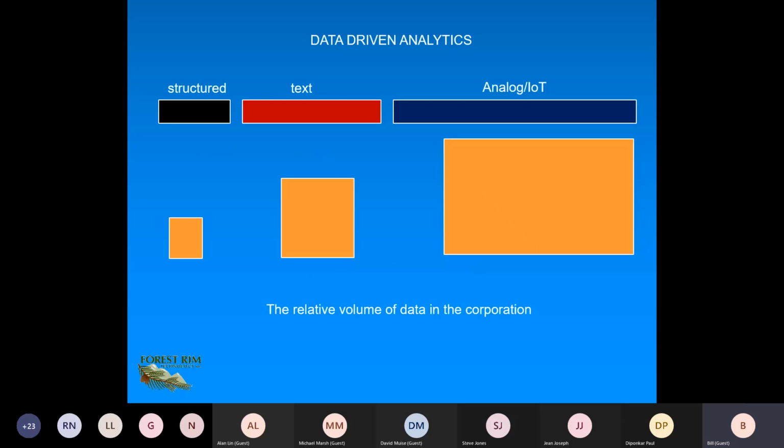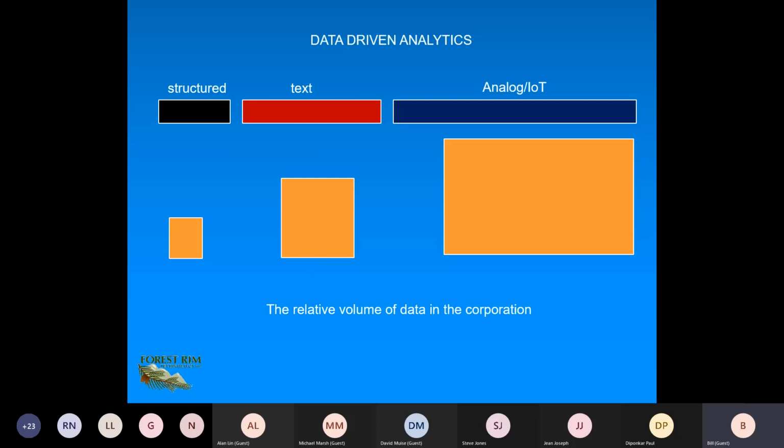Now, when we take a look at the volume of data, we find something kind of interesting. From a standpoint of volume, structured data is actually the least amount of data that we have in the corporation. Next to it is textual data, and we typically have a lot more textual data than structured data.